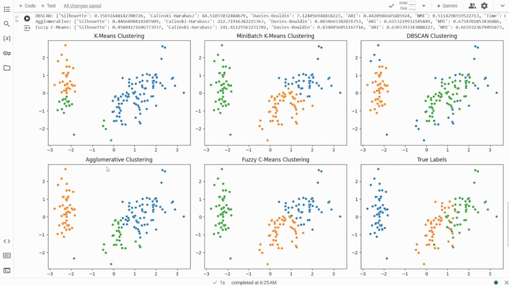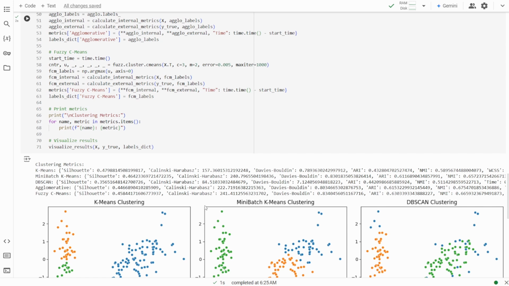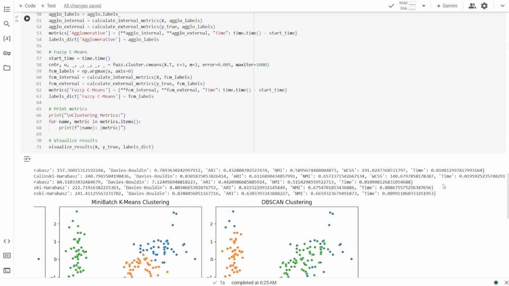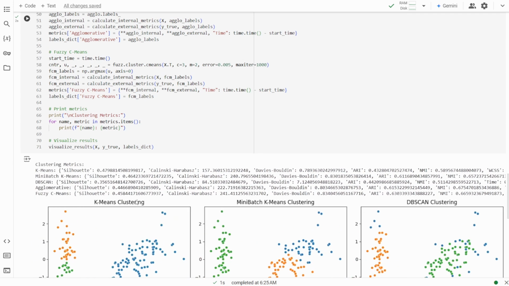As for the FuzzyCMeans, it works pretty well. So does the agglomerative clustering. If we take a look at the metrics here, we can spot that there are interesting clustering mechanisms.